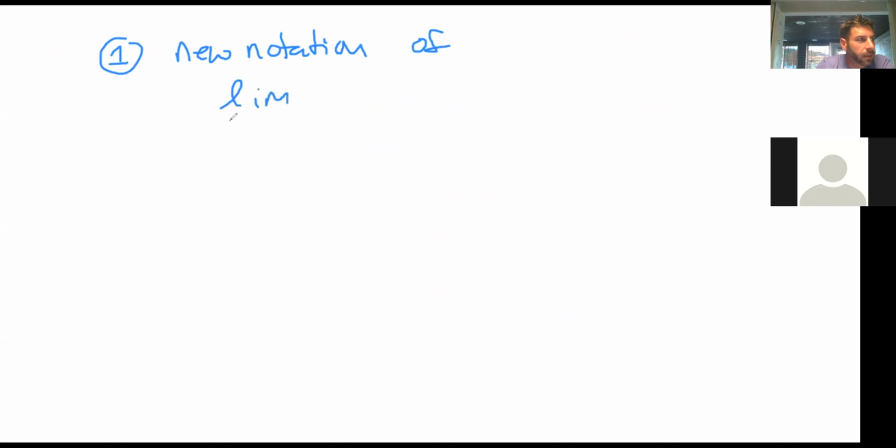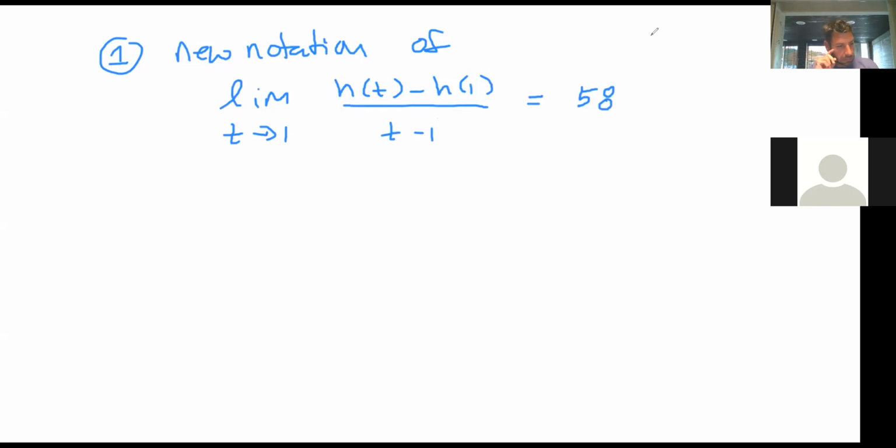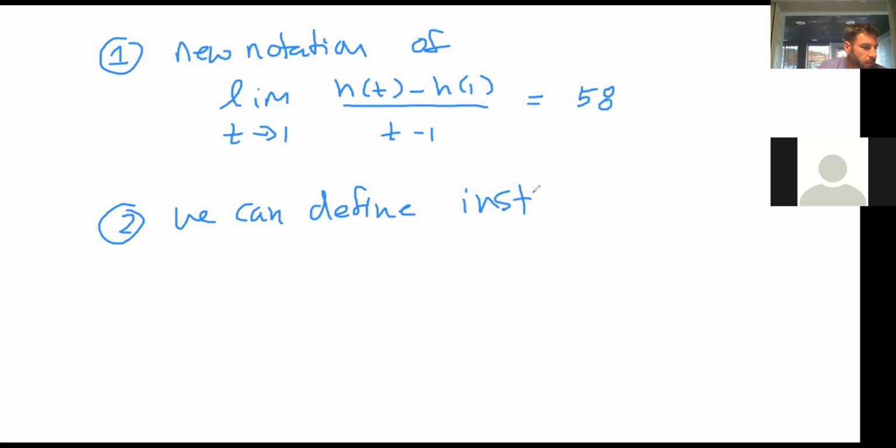We write the limit as t approaches 1 of h of t minus h of 1 over t minus 1, and we might write this as equal to 58. And the second thing it suggests is we can define what's called instantaneous velocity.